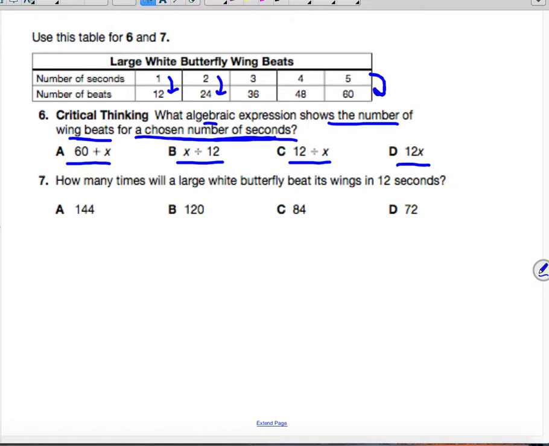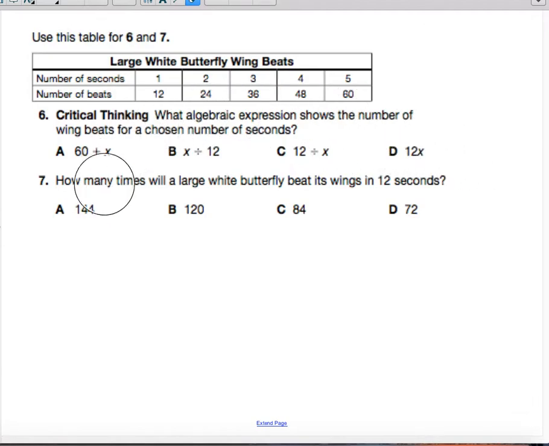So from here to there, okay, wing beats per second for an unknown number of seconds, okay? So x represents your unknown amount. We know it's probably going to be something involving multiplication.